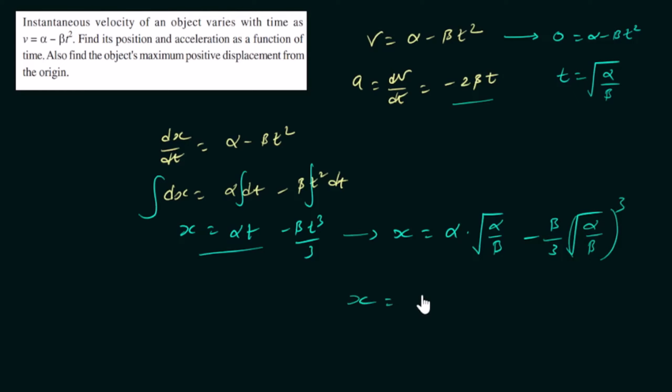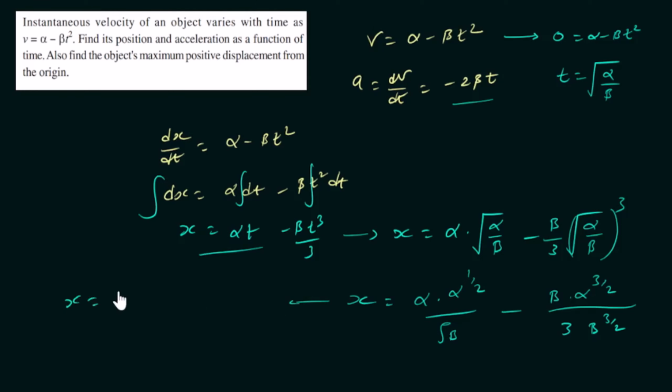So this is alpha to the power 1 by 2 divided by square root of beta, minus beta times alpha to the power 3 by 2. In the denominator we are going to get 3 beta to the power 3 by 2.